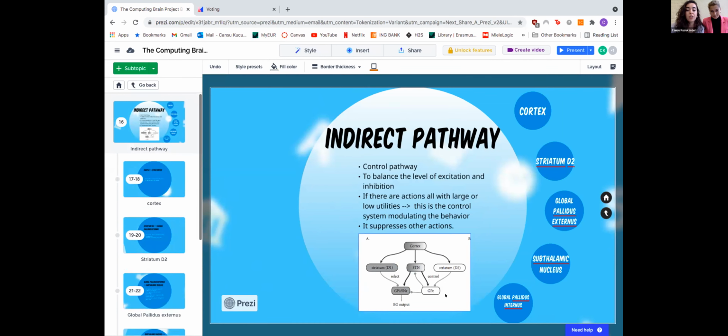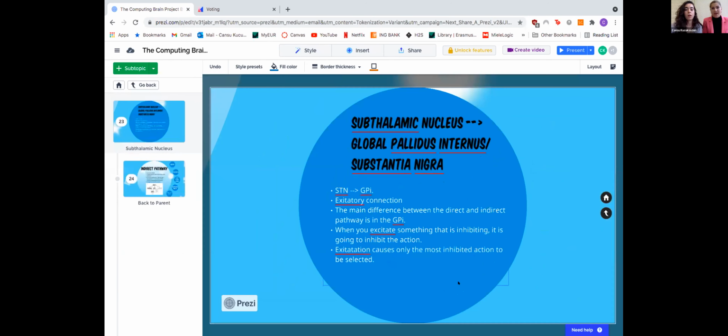So GPI has 2 inhibitory connections to these parts. Yeah, so it goes from the STN to GPI, what I just told. Here is the part where I just told you that the GPI inhibits action. So when you get an excitatory connection to a thing that inhibits action, it actually inhibits the action. Yeah.